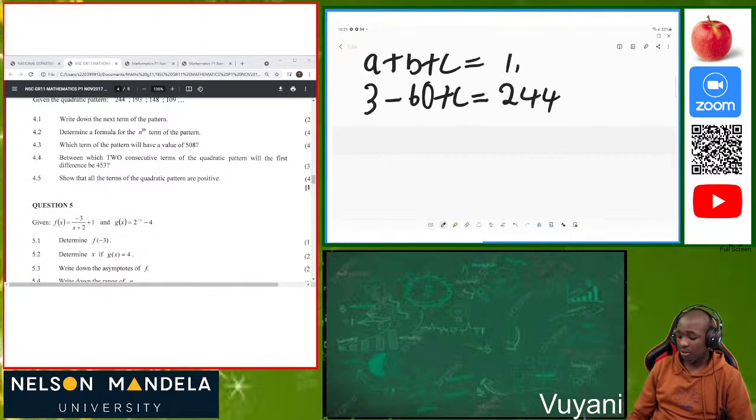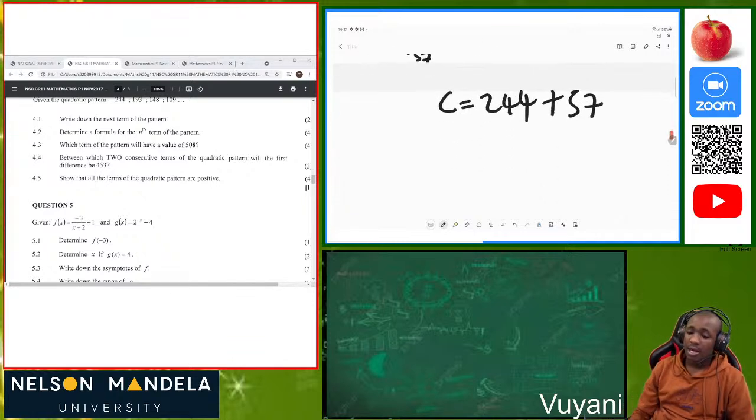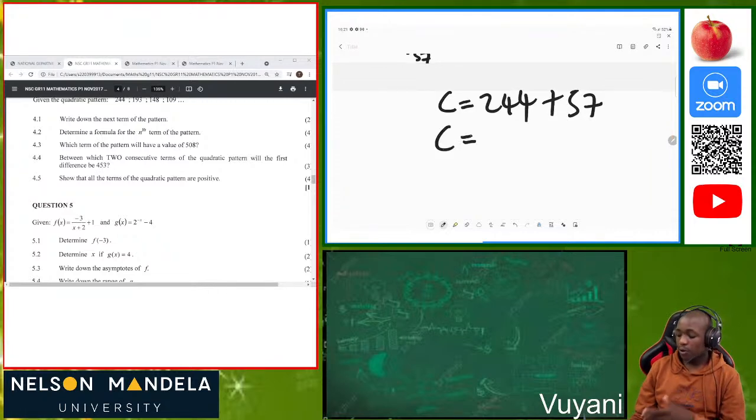Now we make c the subject of the formula. c will be equal to 244 plus, because 3 minus 60 is negative 57, and negative 57, when we transpose to the right, will be positive 57. Then we use our calculators. 244 plus 57, we get 301.